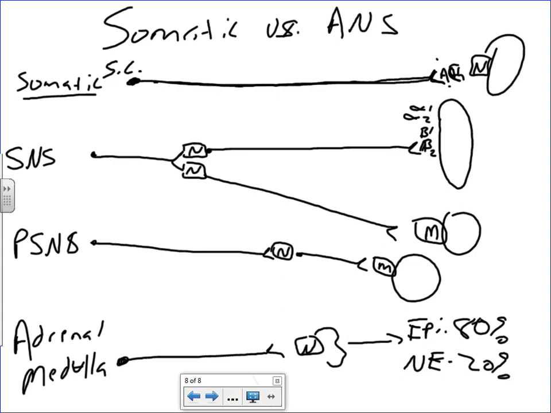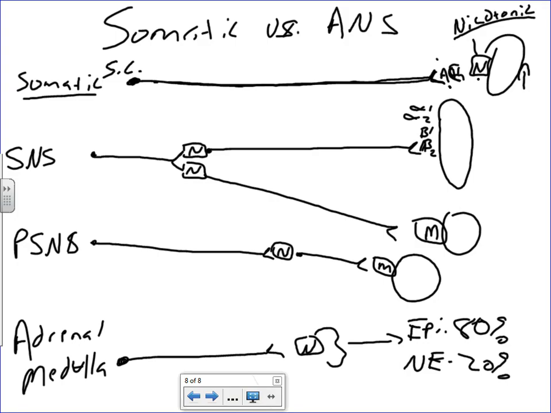Acetylcholine essentially always binds to what we like to call nicotinic receptors. So acetylcholine plus a nicotinic receptor on a skeletal muscle, you guys know what happens there.